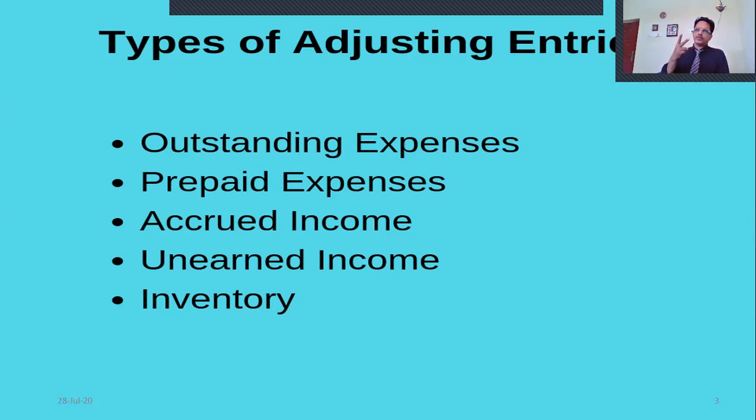Whether it is the two types of direct income you know already, sales revenue and service revenue. So income receivable debit and service revenue you have to credit. So this is in case of accrued income, and accrued income is a current asset.